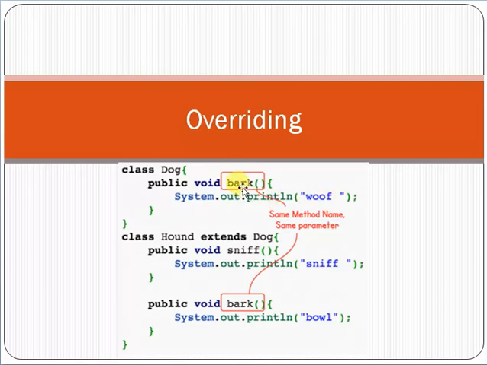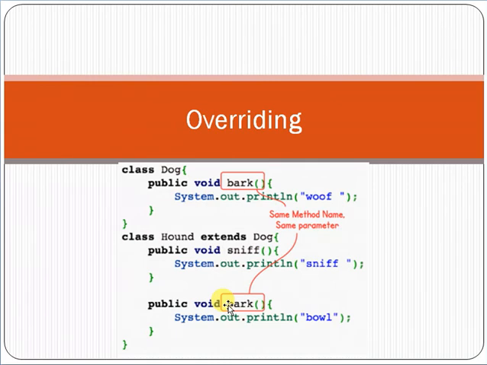The same method name is available in the extended class here as well, but it is printing bowl. When we make an object of the Hound class and call the method bark, the compiler will run the bark method here and it will print bowl. It will not print woof, because the compiler will call that method.